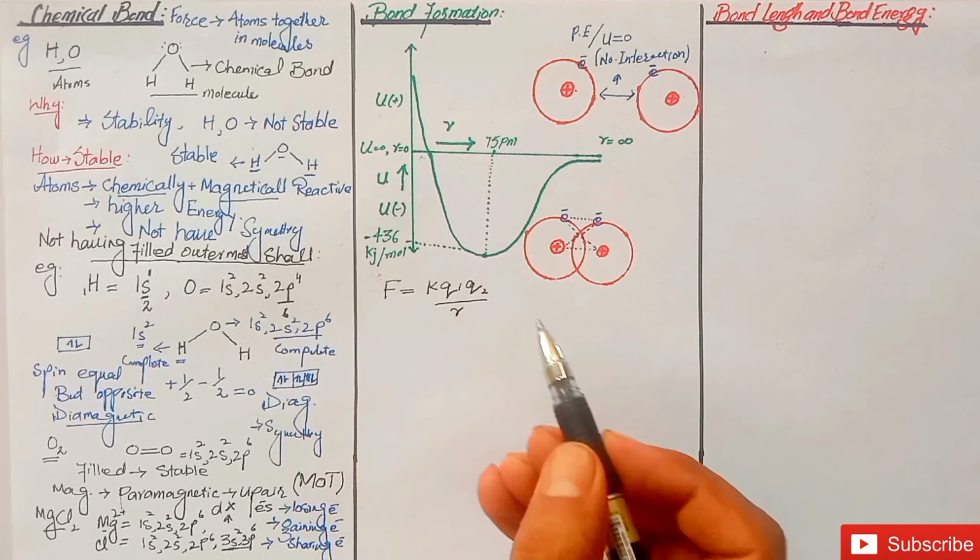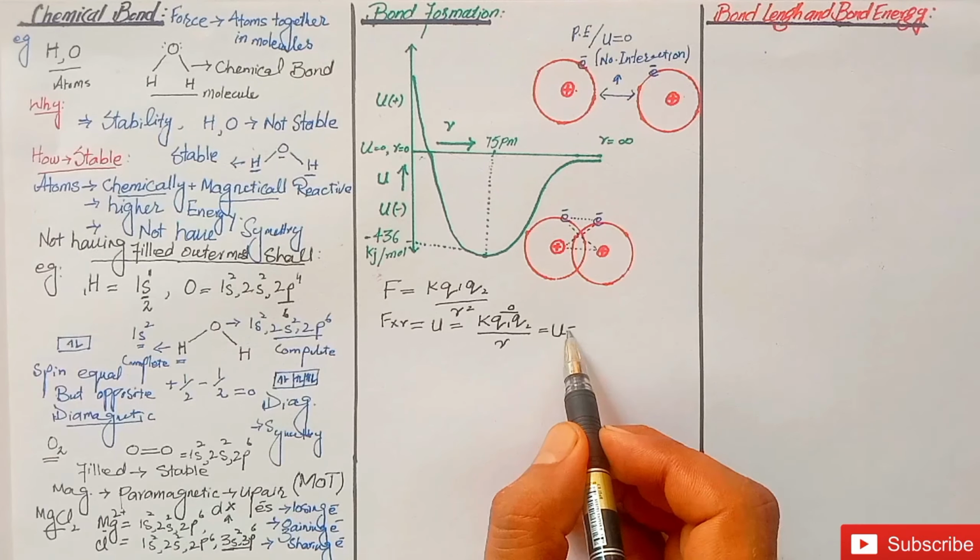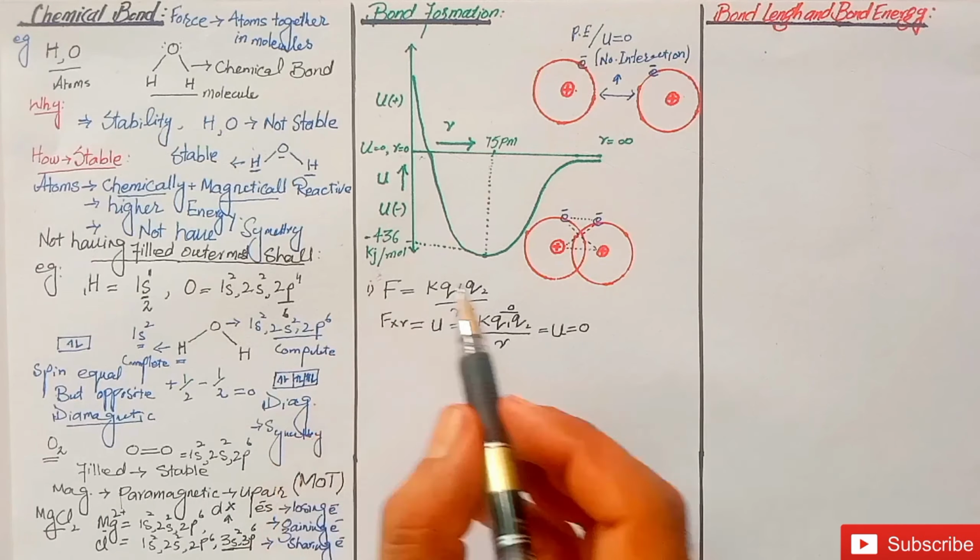Here the product of force and distance is equal to work done or potential energy. At infinite distance there is no interaction between these two particles, as distance r is infinite, so the potential energy of these two particles at infinite distance is 0.